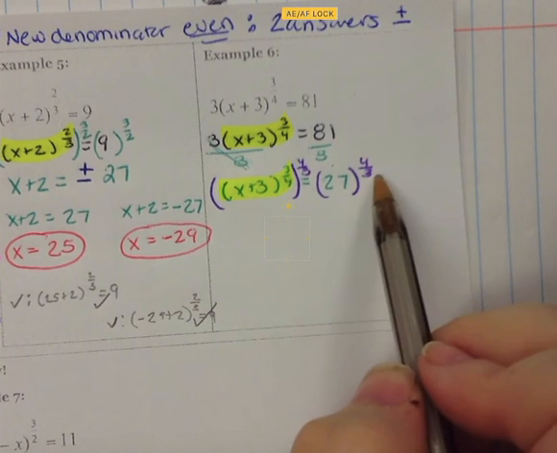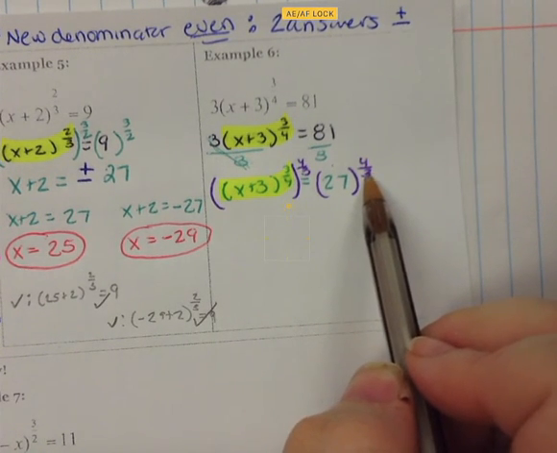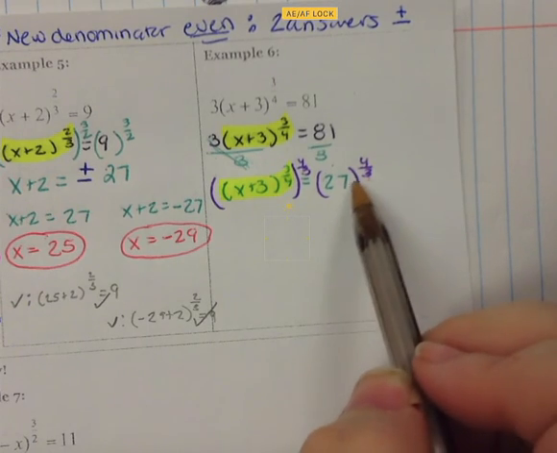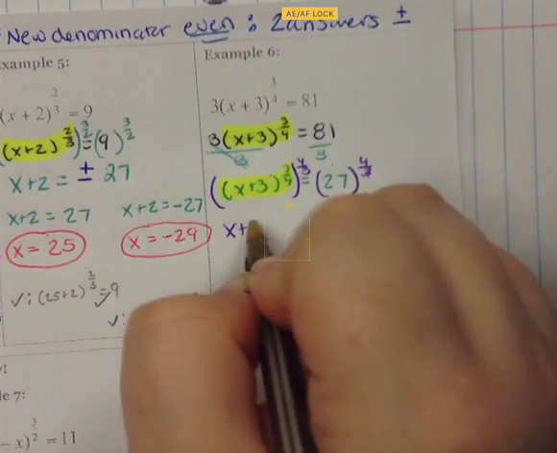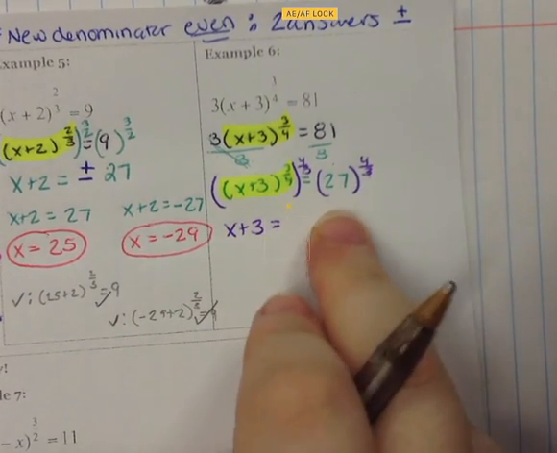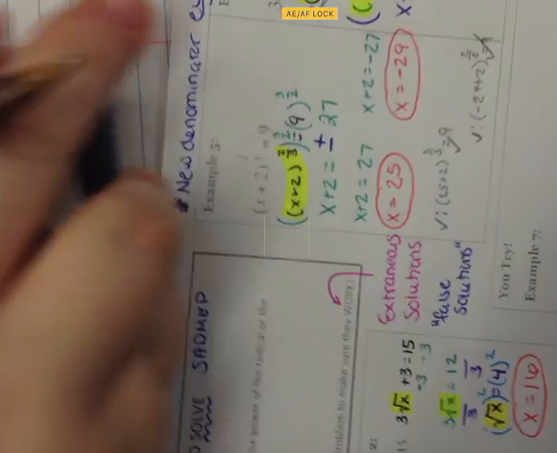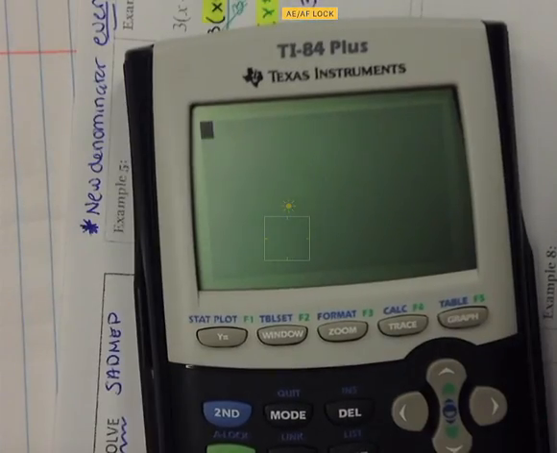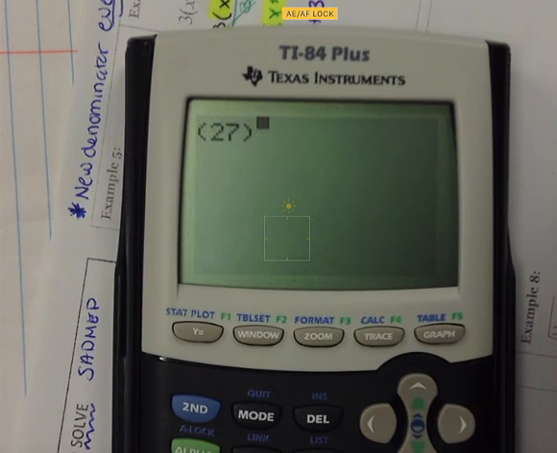Now again, I have a fraction, so I have to check. Is my denominator even? It is not even, so I'm only going to have one answer. So on the left-hand side, I'll have x plus 3 equals. I'm only going to get one answer from this, so I'm going to type it in. I'm going to do 27, parentheses, 27, close parentheses, raised to the 4/3.